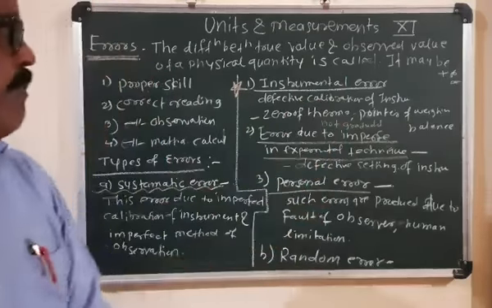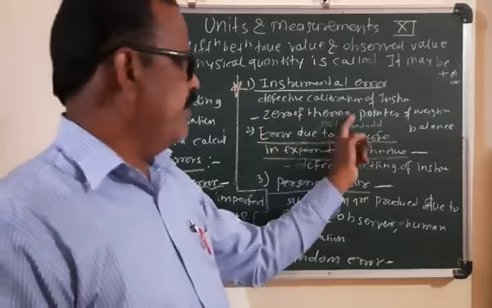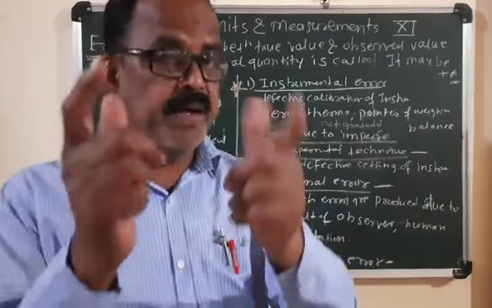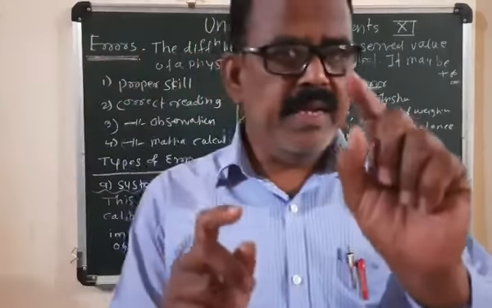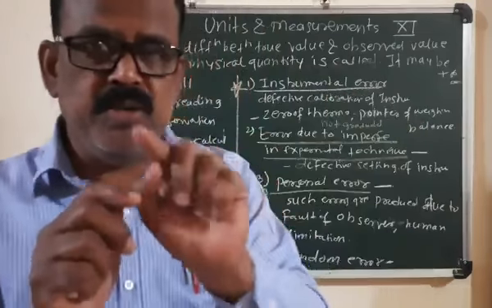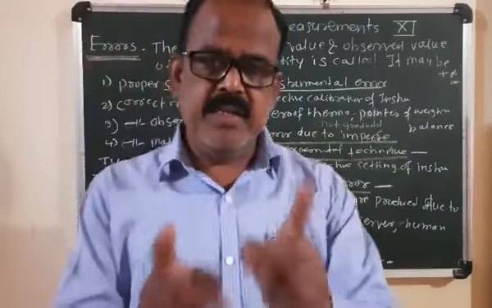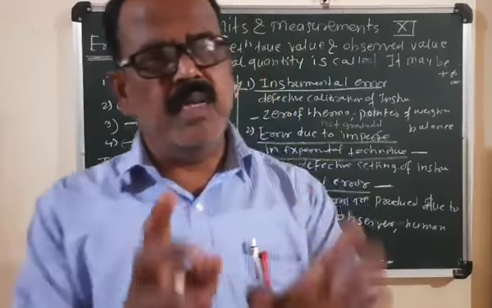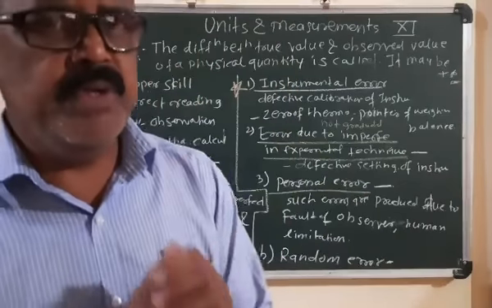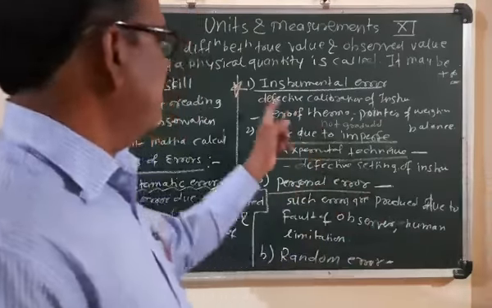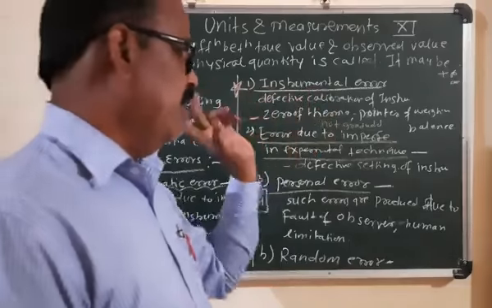For example, if the zero of the thermometer is not graduated properly at the given place, then an error is produced in the thermometer, and such a type of error is called the instrumental error.